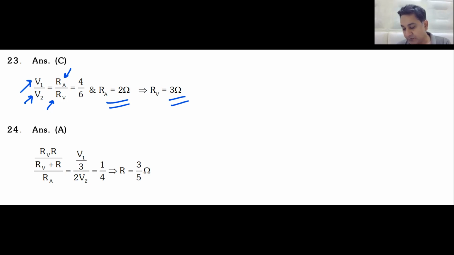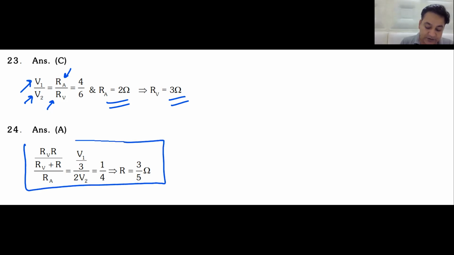Got it? Then when the voltmeter is connected 3/5 with a parallel resistor, we can find the effective resistance of the voltmeter and take the ratio with the resistance of the emitter. Now the voltages are V1 by 3 and twice V2. From there you will get the parallel shunt resistance. Do we understand this?